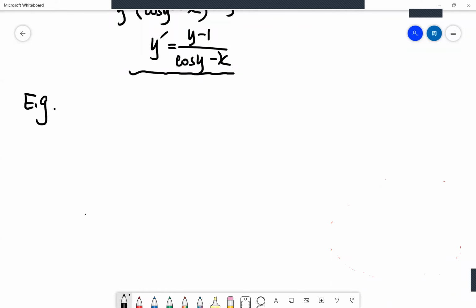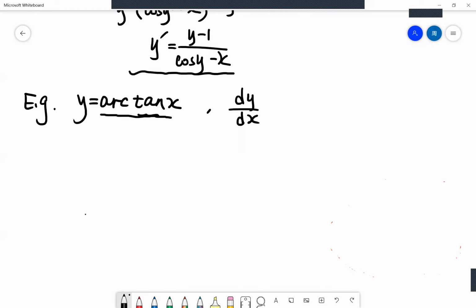To find dy by dx of y equals arc tangent x. Do you remember we have learned this kind of function in the first class? It is the inverse function of tangent x.